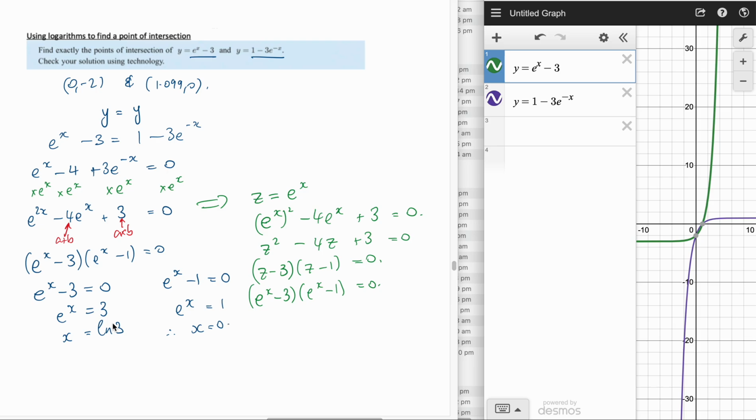So I've got my x values there. I know it's a bit of a shortcut, but the inverse of e to the x is equal to 3 is x is equal to ln 3. So we found our x values.